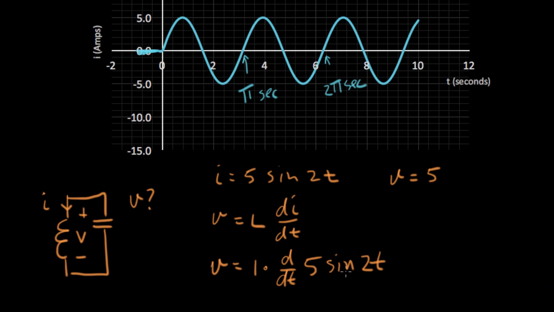Sine 2t. The derivative of sine of 2t is 2 times cosine of 2t. All right, so our voltage solution is 10 times cosine 2t.